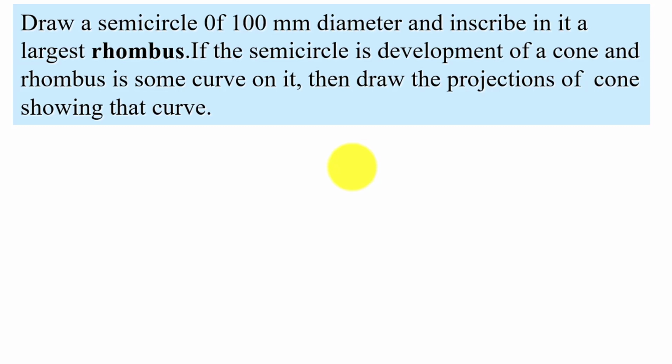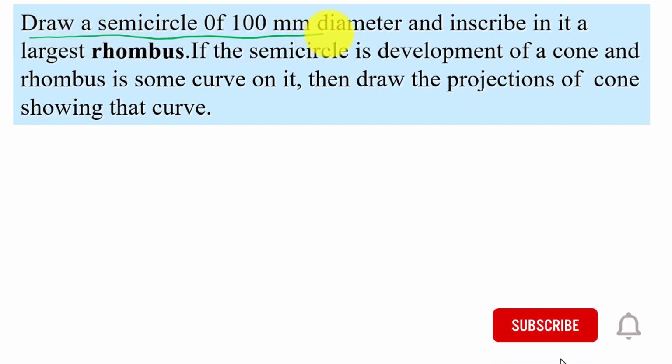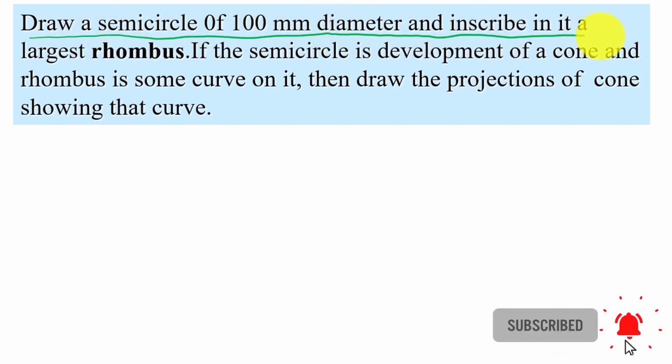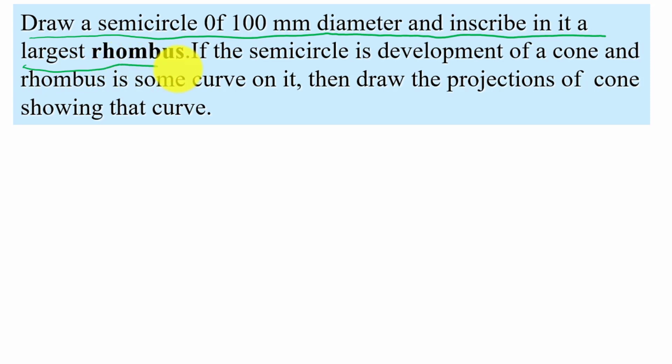Now we are going with one more problem. See here, draw a semicircle of 100 mm diameter and inscribe in it the largest rhombus. Previously they gave a circle, now they have given a rhombus.